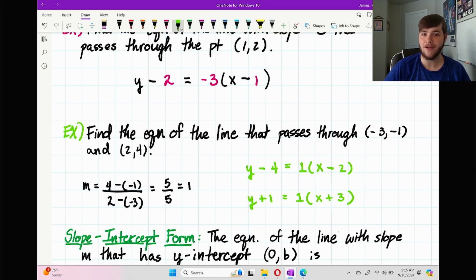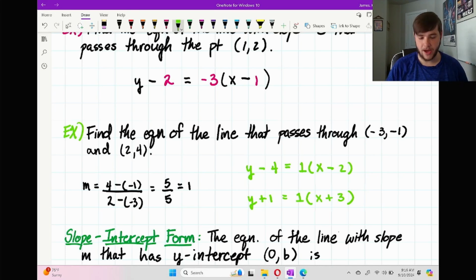And it doesn't matter what point you use to get the equation of the line, it should be the same line, which we'll see here in just a little bit. So, using (2, 4), you get the top result. Using (-3, -1), you get the bottom result. Now, how are these the same?